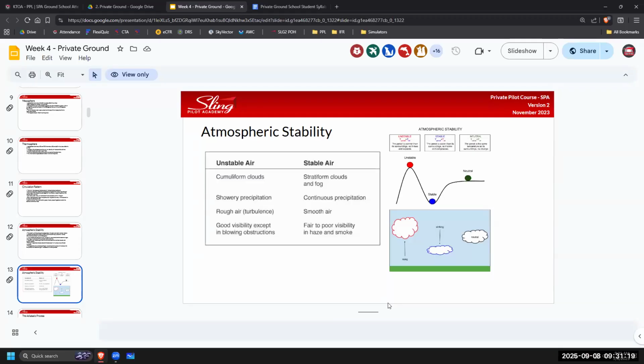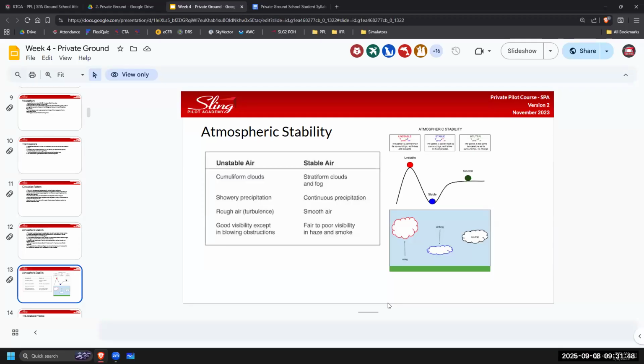You're going to be asked this a bunch in the phase checks and the check ride about what the characteristics are of a stable atmosphere versus an unstable atmosphere. So you need to know this little box and be able to explain. You need to know unstable air is associated with cumuliform clouds. Those are those big, fluffy, vertically developed clouds.